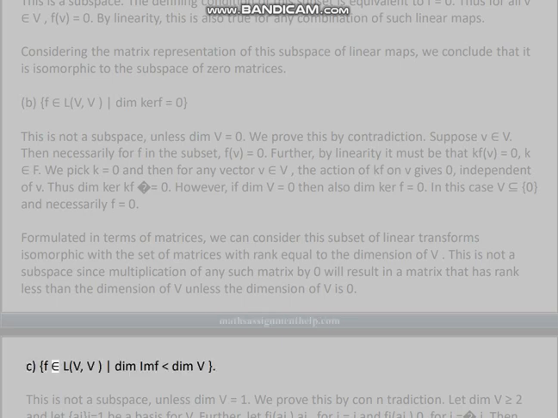C. F in L(V), dim Im F < dim V. This is not a subspace, unless dim V = 1. We prove this by contradiction. Let dim V = n ≥ 2 and let a_i, i = 1 to n, be a basis for V. Further, let φ(a_j) = a_j for i = j and φ(a_j) = 0 for i ≠ j.